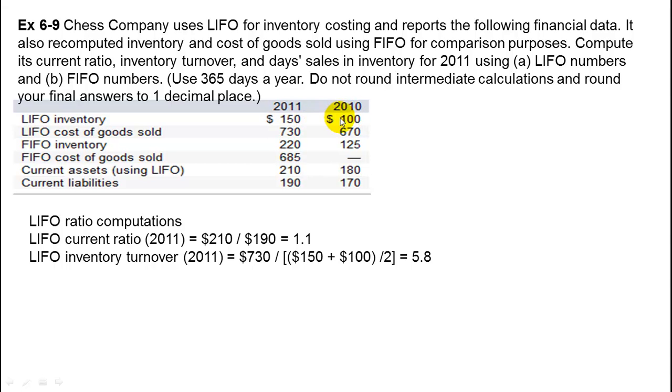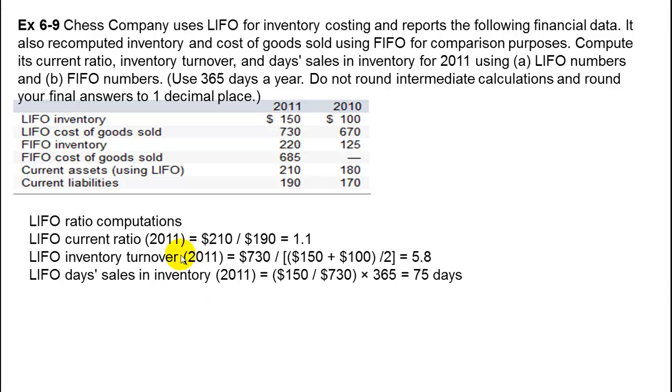You add these two together and divide by 2, and that'll be the average inventory. So it's the average inventory divided into that 730 cost of goods sold, and that would give you a 5.8 inventory turnover under the LIFO method.